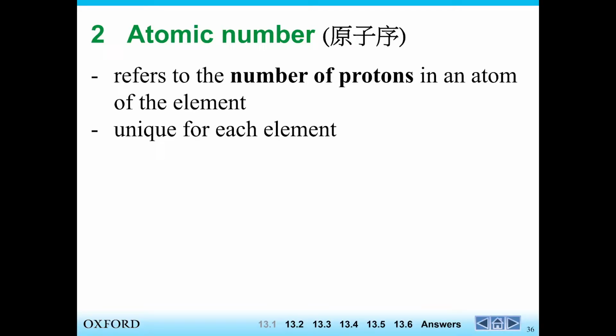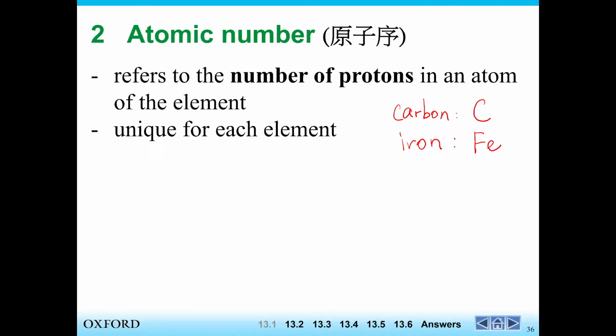In this video, we're going to talk about the atomic number. So, we've learned about the atomic symbols already. For example, we know that the atomic symbol for carbon is C, or another example, the atomic symbol for the element iron, following the Latin name, is Fe.